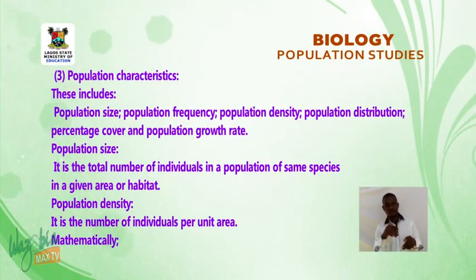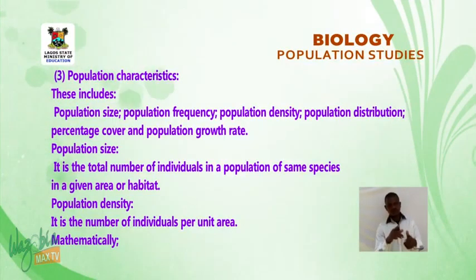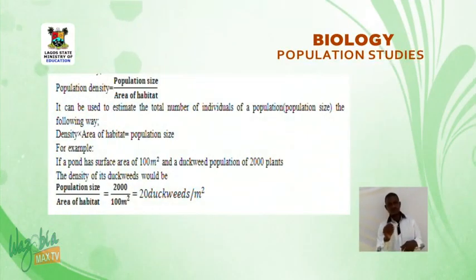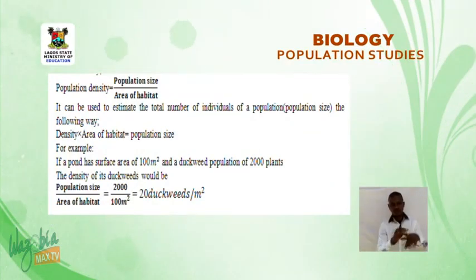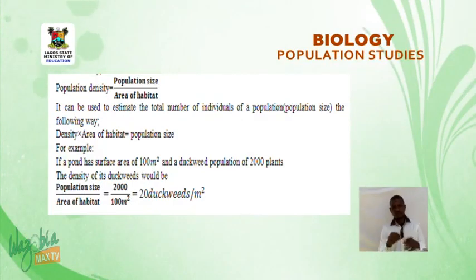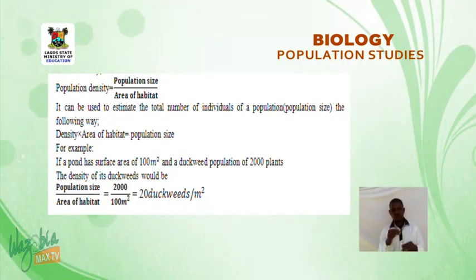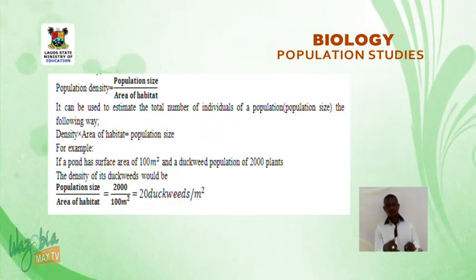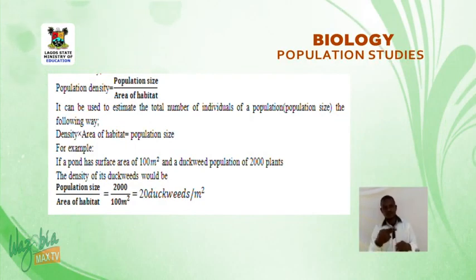It is the number of individuals per unit area. Mathematically, population density equals population size over area of habitat. It can be used to estimate the total number of individuals of a population size the following way. Density times area of habitat equals population size.